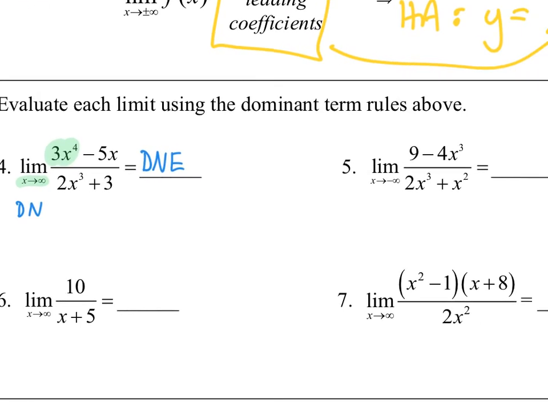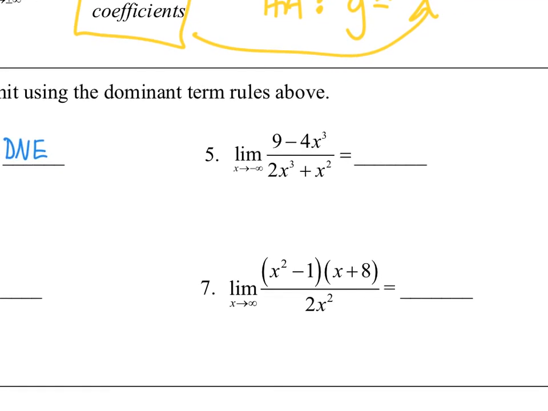For example 5, again, I verify that I can use dominant term rules, and I see x is approaching negative infinity. For right now, it doesn't matter if it's infinity or negative infinity. With a rational expression, it's going to be the same either place, so don't get hung up on the negative quite yet. So I'm going to look at all my terms, and I see that I have a tie right here.